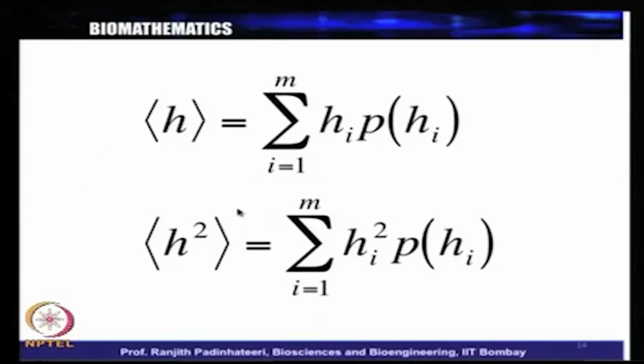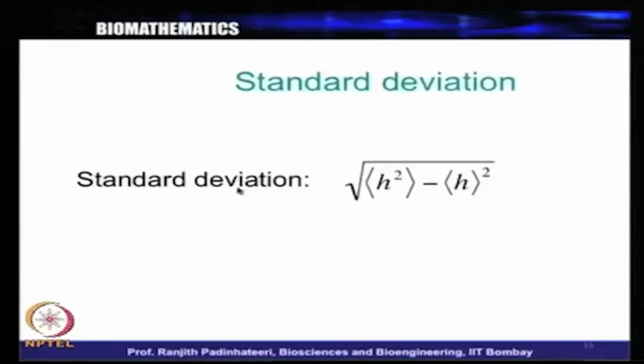Do this calculation by taking an example yourself. If you know h average and h square average, we can calculate h square average minus h average square, which is the variance, whose square root is the standard deviation. So, the standard deviation that we discussed before can be easily calculated in this particular fashion.